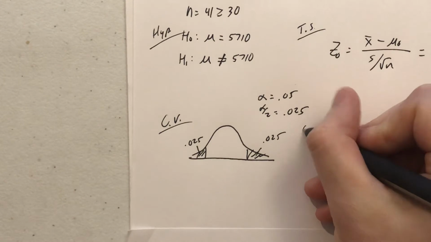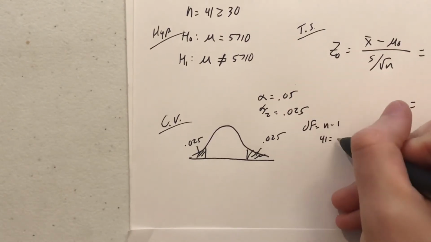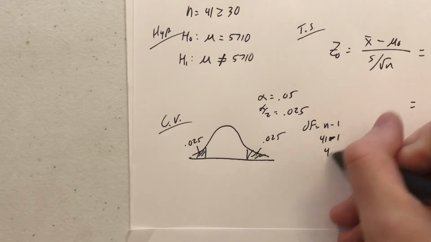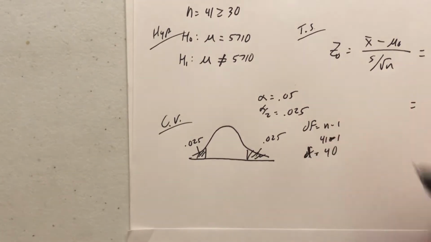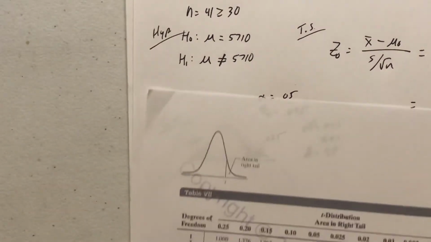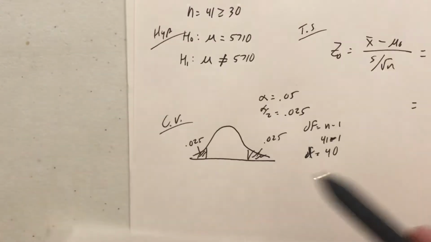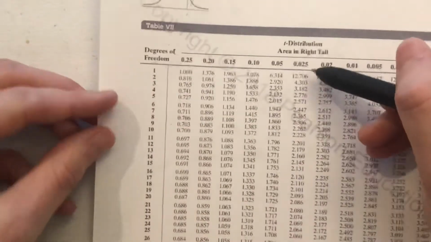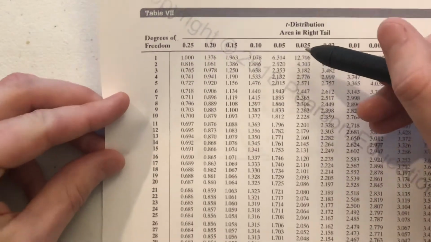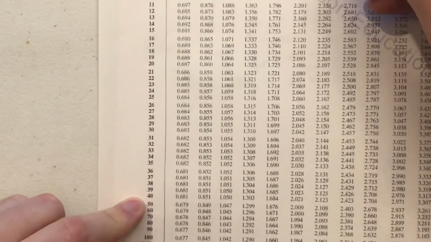Also, we do need to know our degrees of freedom, which is n minus 1. Our sample size was 41, so our degrees of freedom will be 40. And so we can use our chart with the area in the right tail. Technically we're looking at this tail, although we know this is symmetric. Area in the right tail of 0.025 and a degree of freedom of 40, way down here.